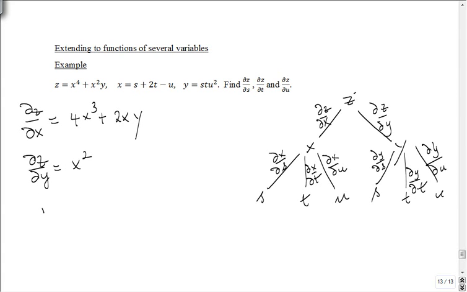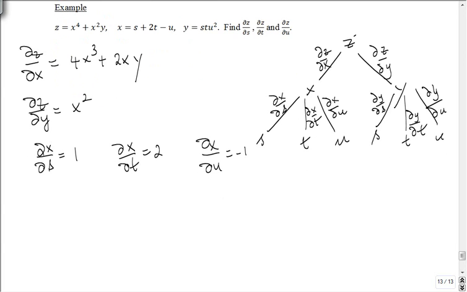One person give me partial x with respect to s. 1. Then partial x with respect to t. 2. Then partial x with respect to u. -1. Good. Now, let's go on to y.